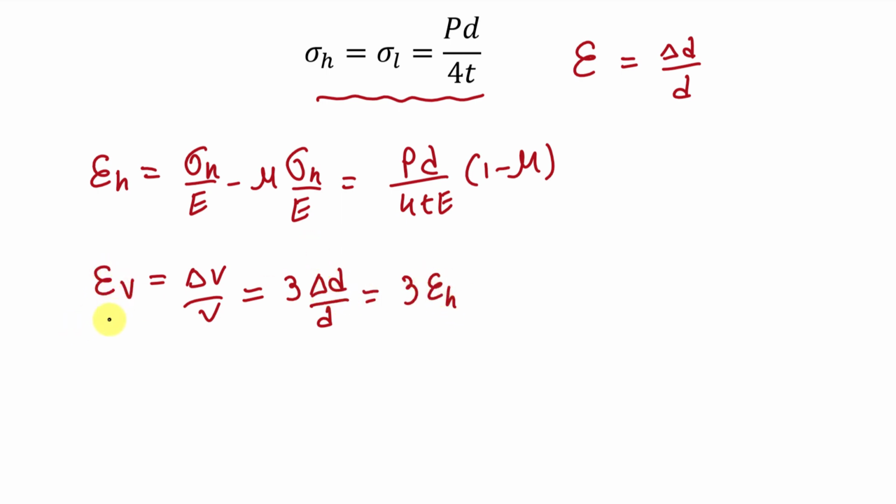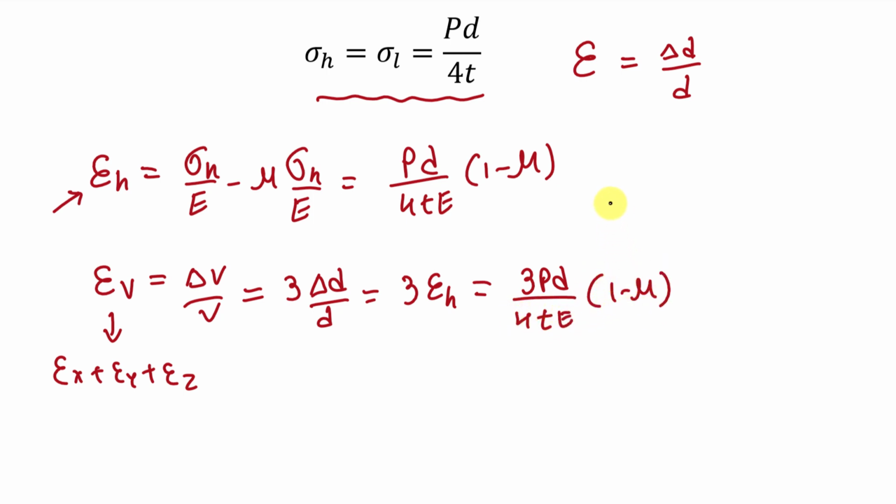We know that epsilon V is equal to epsilon X plus epsilon Y plus epsilon Z. And for the spherical pressure vessel, we know that strain in all the three directions is epsilon H. So we can also write this epsilon V as 3 epsilon H. And we already know epsilon H is equal to PD by 4tE into (1 minus mu). So it will be 3PD by 4tE into bracket (1 minus mu). Fine. So here you can remember these two formulas.